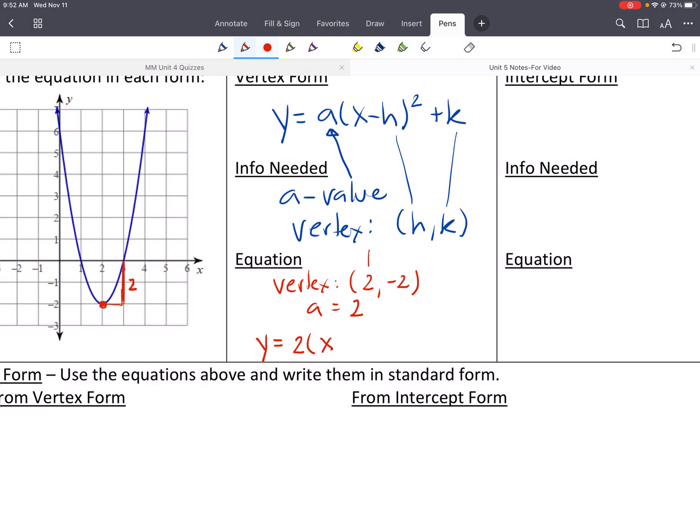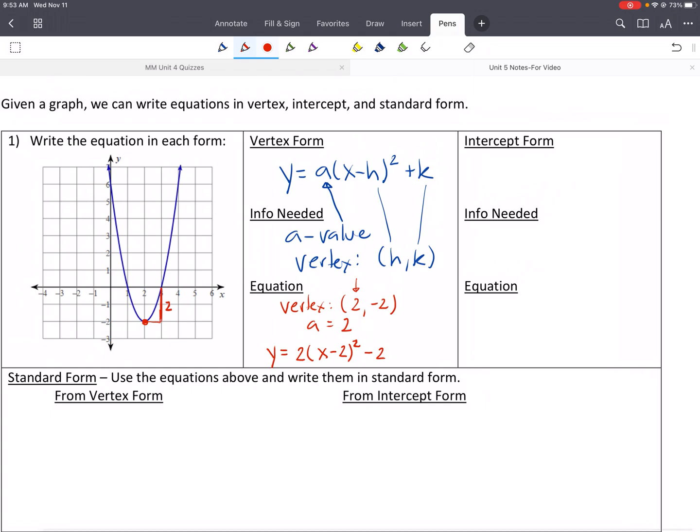Again, h is 2, so it will switch its sign when we plug it in, just like when we took it out, we changed its sign. Okay, and then plus k. Well, k is negative 2, so we can just do minus 2. All right. So again, if we want to graph from vertex form, we just need to find the vertex, h and k, and the a value. Then we just plug it in. You'll need to memorize the forms. You'll probably get that just by practicing.